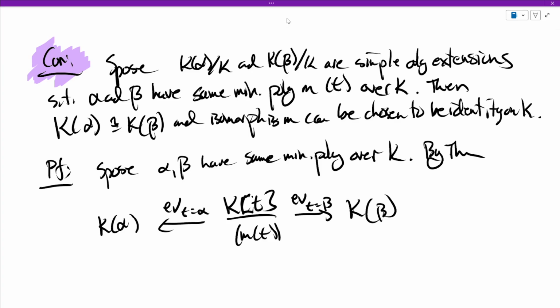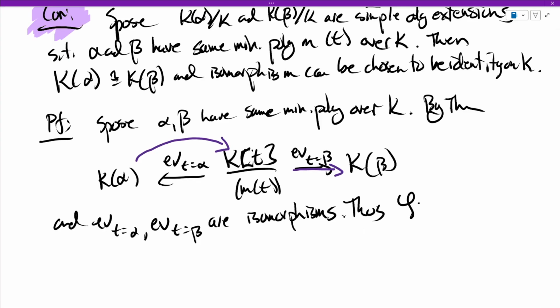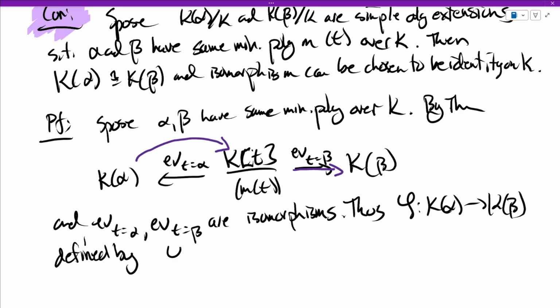If we want to construct an isomorphism from the left to the right, we would go by first undoing the first map and then following it with the second. By theorem, evaluation at t equals alpha and evaluation at t equals beta are isomorphisms. Thus, the function phi from k adjoin alpha to k adjoin beta is defined by first undoing evaluating at alpha, and then evaluating at beta.